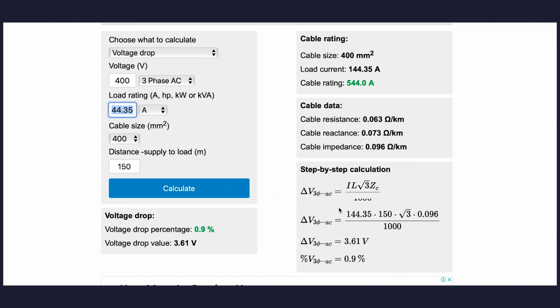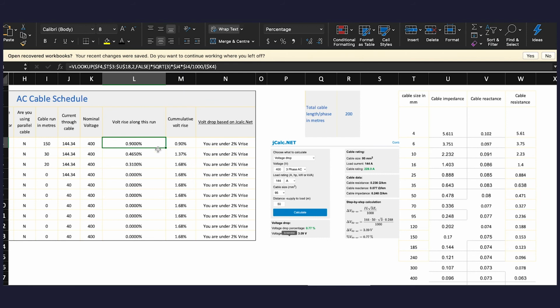And the calculation I've used in my spreadsheet is the same. So here, 144.35, that's the current. 150, that's the run. Square root of 3, because it's three-phase. Divided by 1,000, yes. There's your volt rise, and then the calculation is 0.9% for the percentage volt rise. Go back to here, you can see 0.9%.